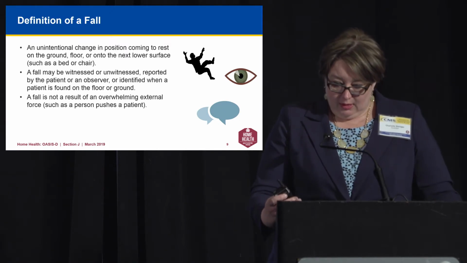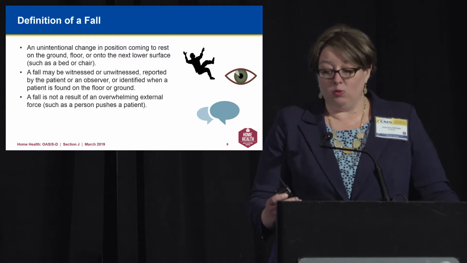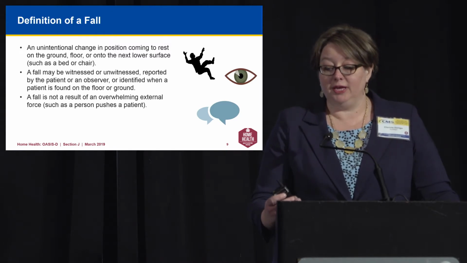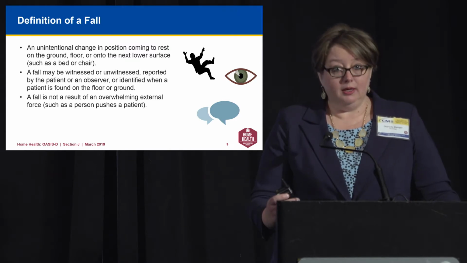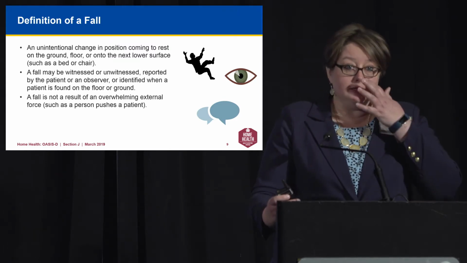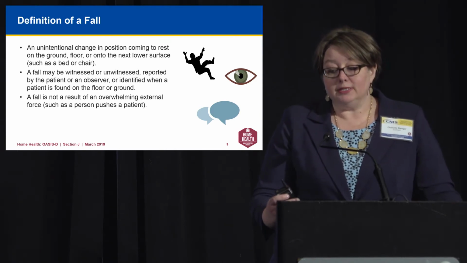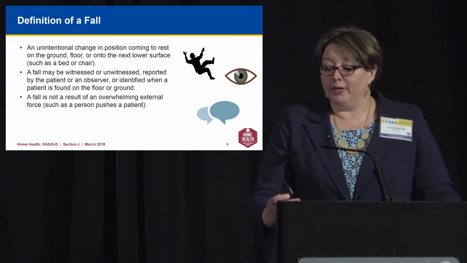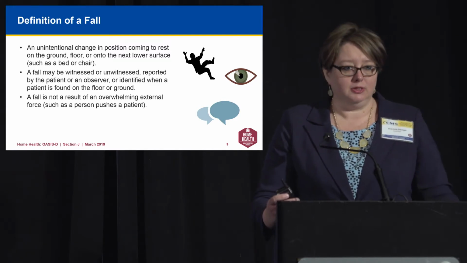A fall may be witnessed or unwitnessed, reported by the patient or an observer or identified when the patient is found on the floor or ground, okay? So again, this could be something that's just reported, right? And a fall is not a result of an overwhelming external force, such as when a person pushes another person.